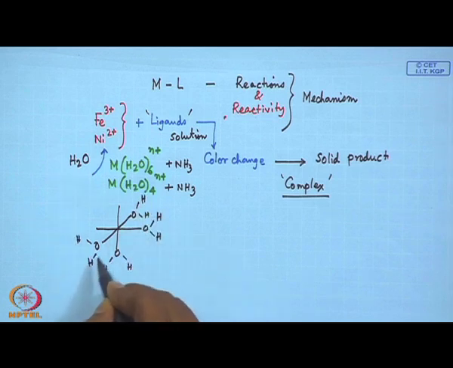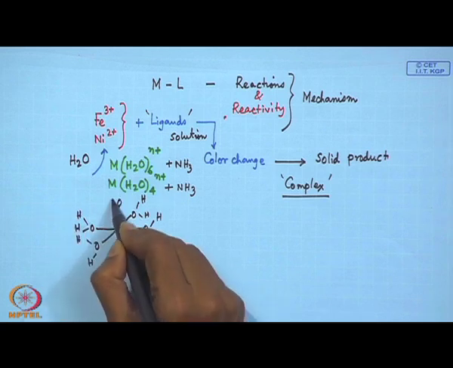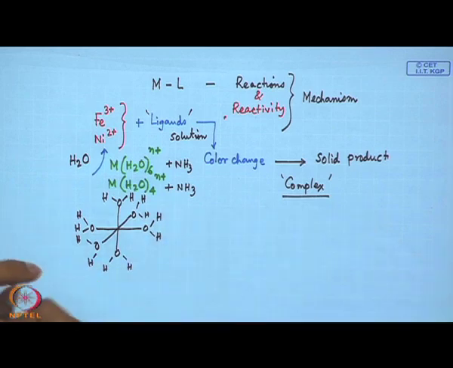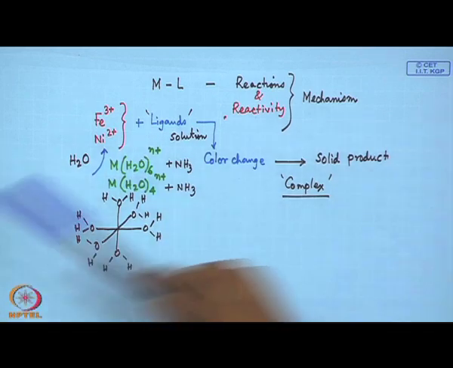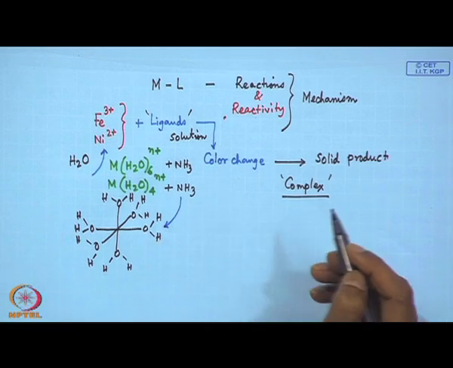We have 6 water molecules surrounding this metal ion, and what we find is that these ammonia molecules will come and substitute these water molecules.